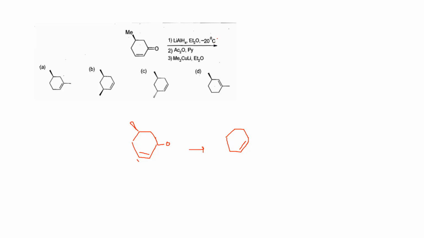As it is happening at low temperature, as I have already told in the previous examples, if you perform the reaction at room temperature, the double bond as well as the carbonyl will be reduced. But as the reaction is happening at low temperature, only the carbonyl group will be reduced and give us this alcohol. Now if you add Ac2O, you will get OAc.